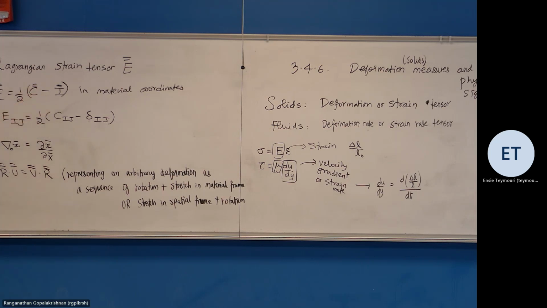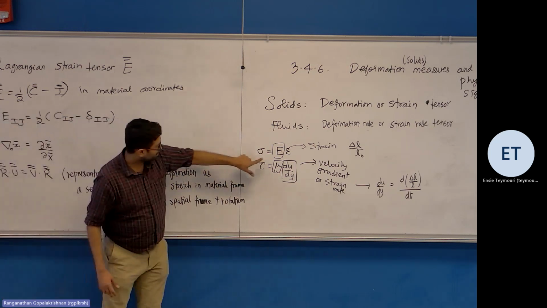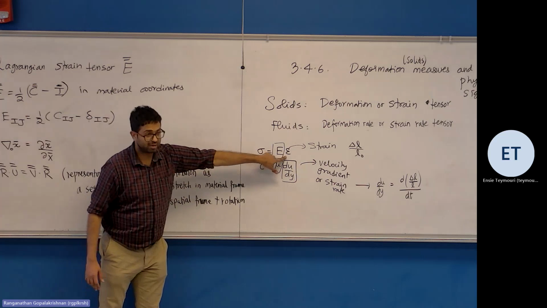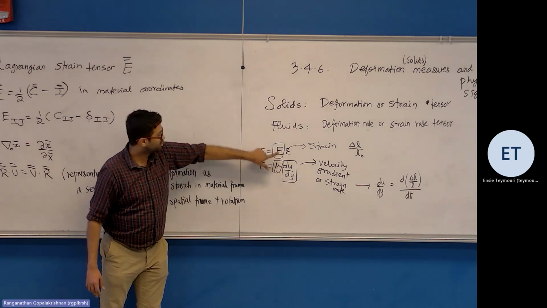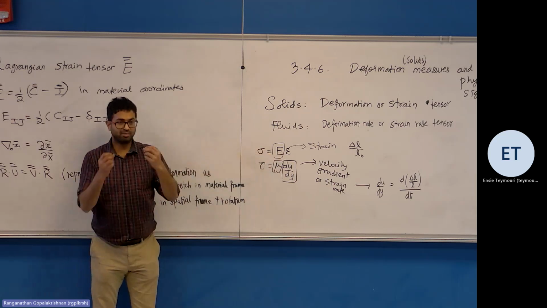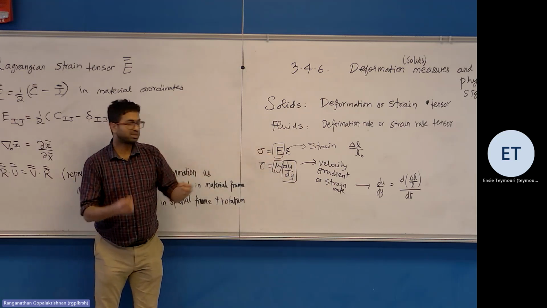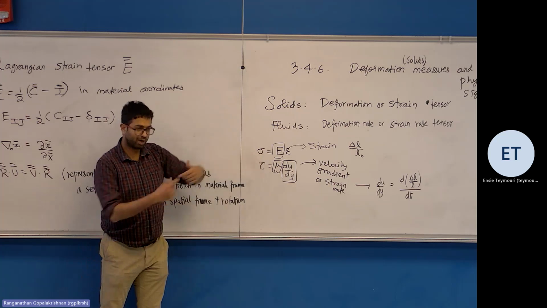Okay. What I am trying to put forward is this quantity is what you will seek if you are actually doing a measurement or if you are actually trying to calculate the response of a material to a load. What is the response of a material to a load? You apply the loading, you observe a strain. You apply a loading, you observe a velocity gradient. This response, we write this in scalar terms because it's just one axis, one direction.